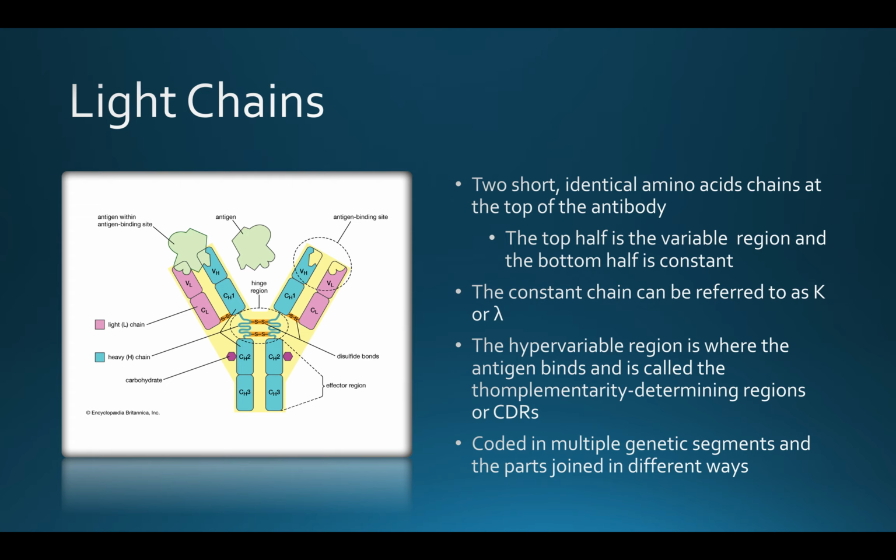You might wonder, if there's only kappa and lambda, how can we have so many different antibodies for so many different diseases if we only have those 2 parts? Well, it's coded in the gene in multiple genetic segments, and those segments are put together in different ways.